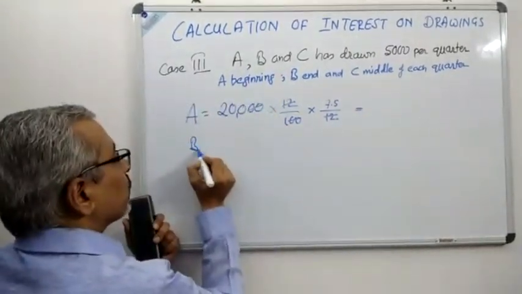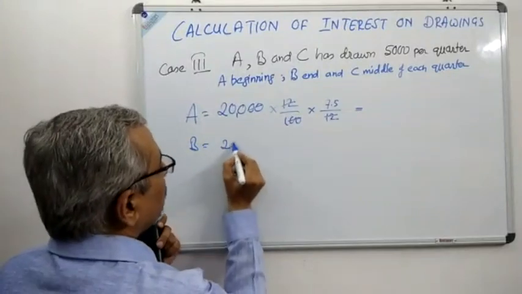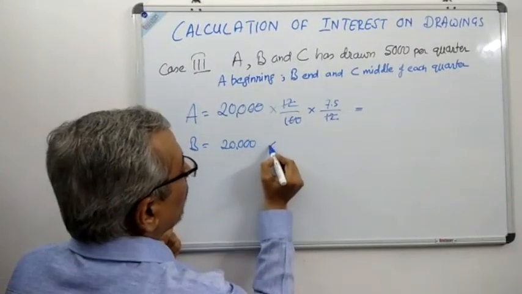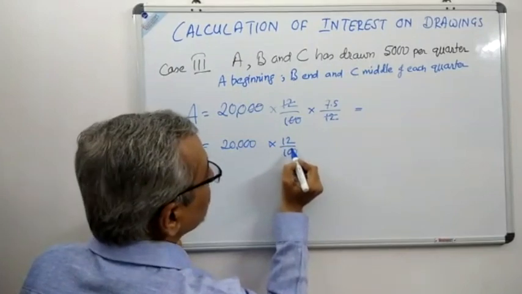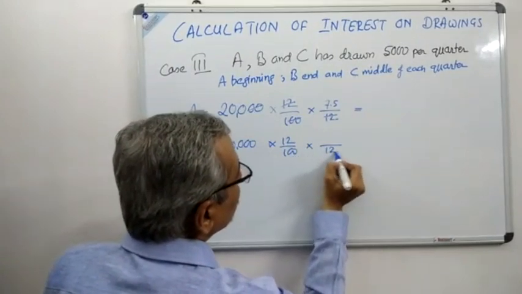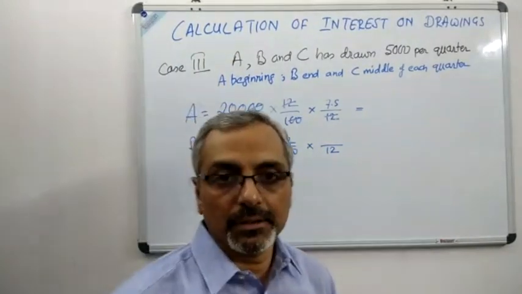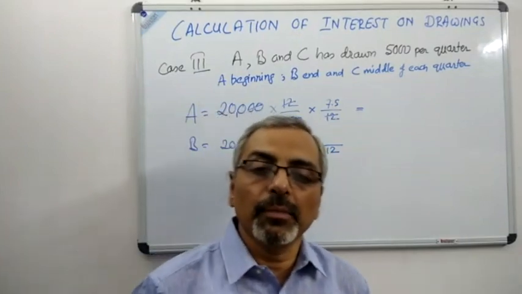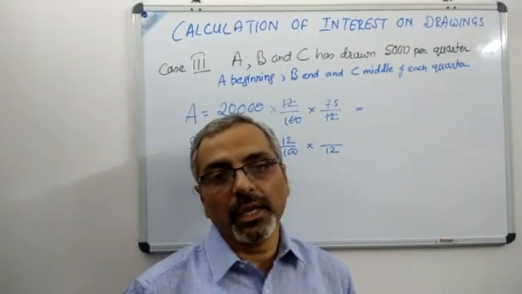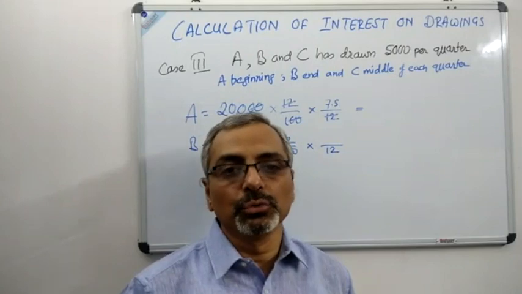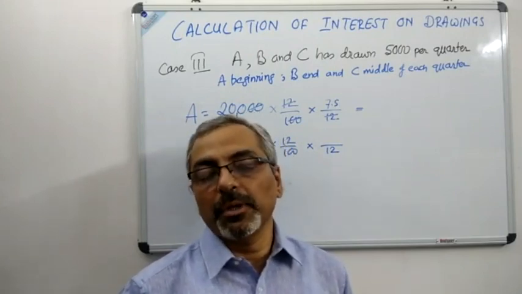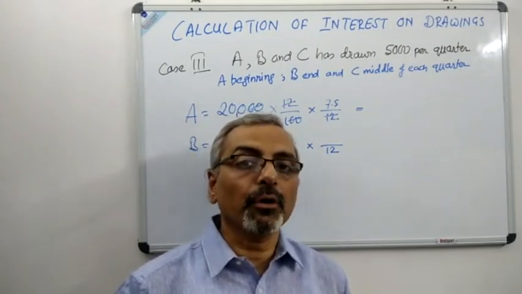Let us see B now. B, we have again 20,000 and we have 12 by 100. And here what will be the time? Let us calculate. The first drawing has been made at the last date of the month of June, and the last drawing has been made at the last date of the month of March.